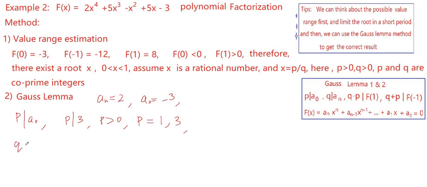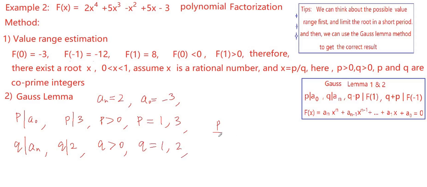Same thing, q divides a_n, and a_n is 2, and q greater than 0, so q is 1 or 2.